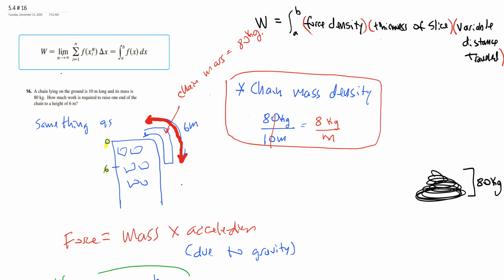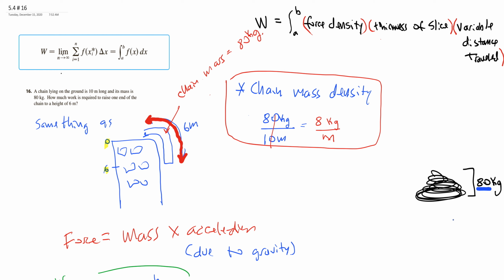But what's deceiving is we don't have the force density. Instead, what we have is total mass. We have the total mass of the chain, 80 kilograms. So we need to know the kilogram per meter.